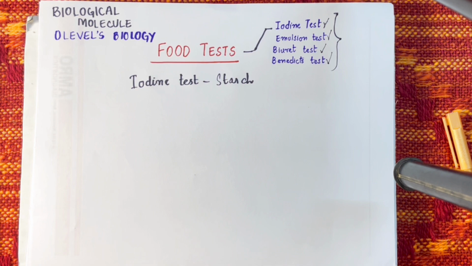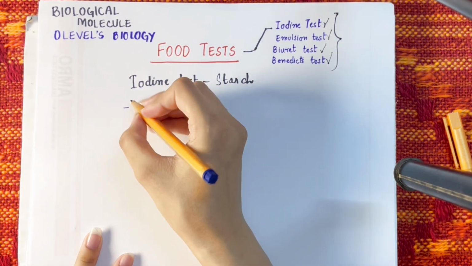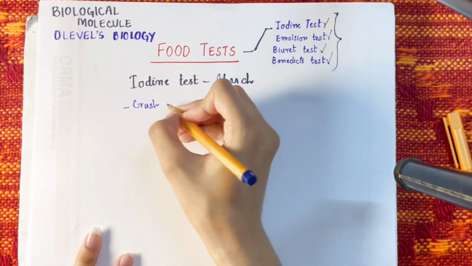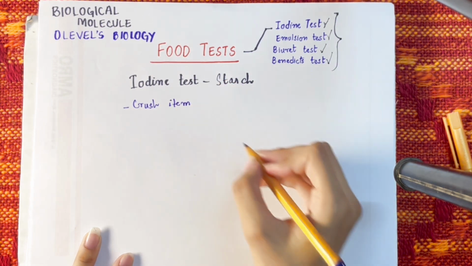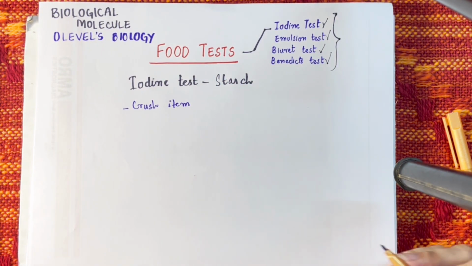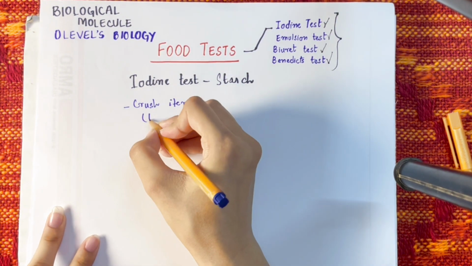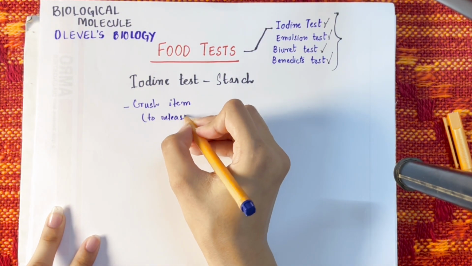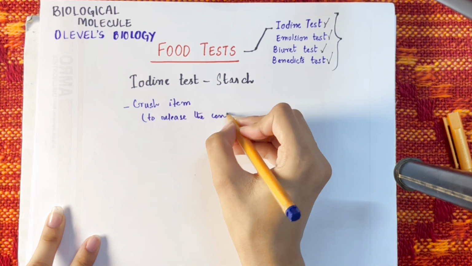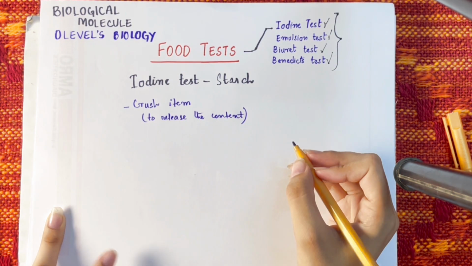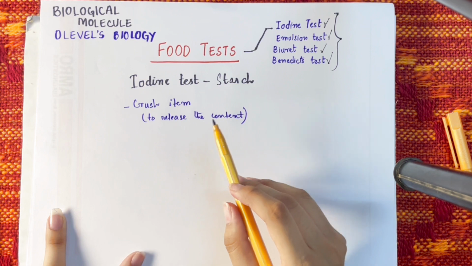So the first step for the iodine food test is that we crush the item, to release its content.